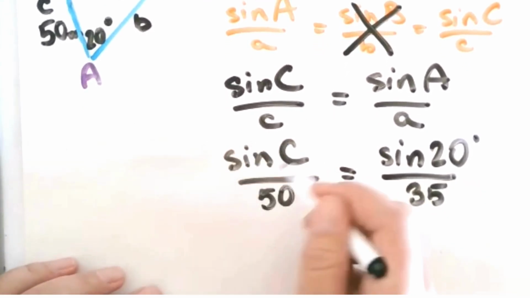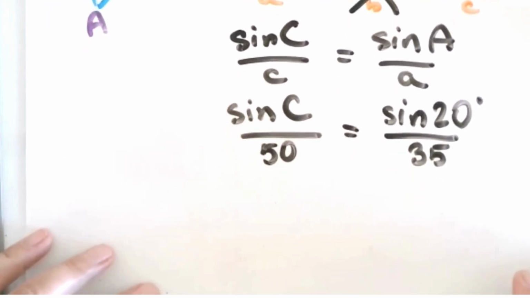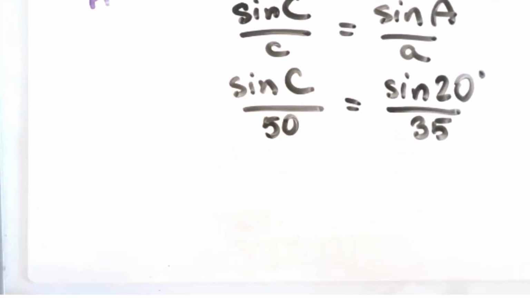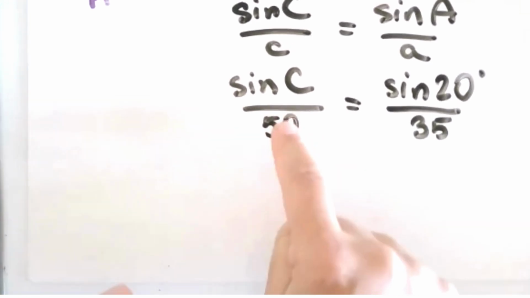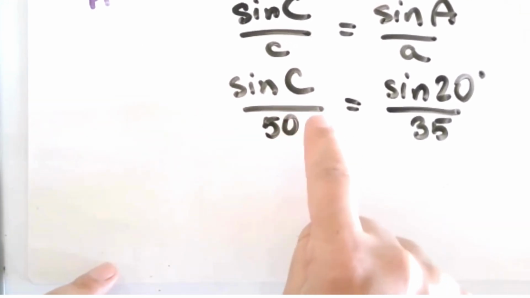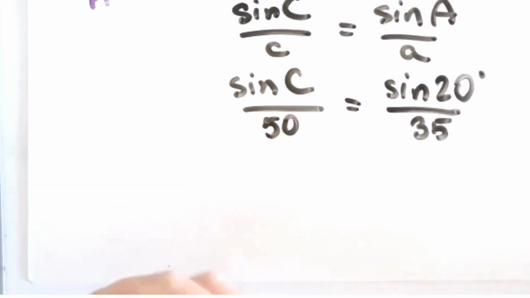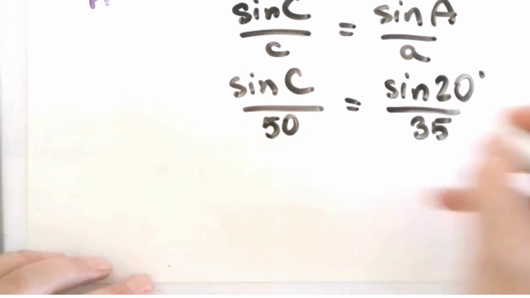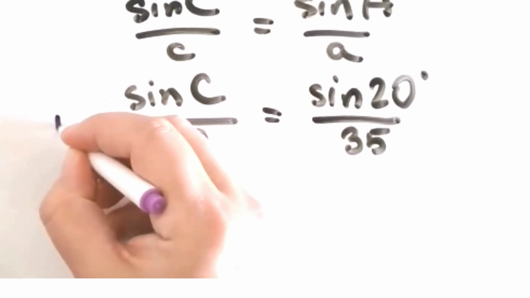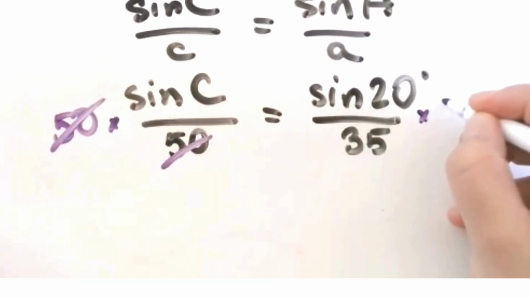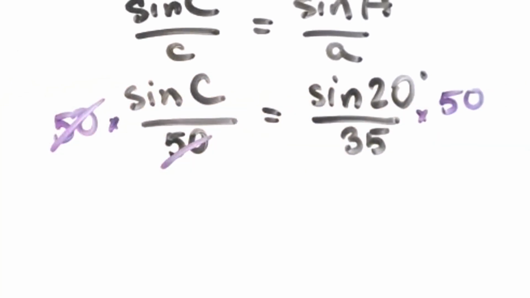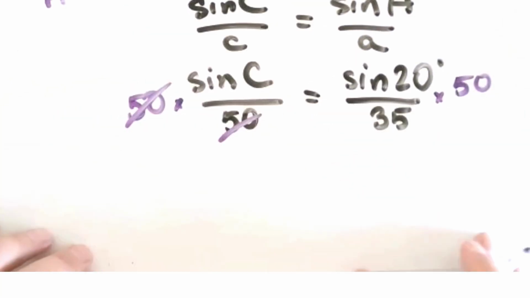Now I need to isolate sine C, and that's easy because it's already in the numerator. All I need to do is multiply both sides by what's in the denominator, and that is 50. That's going to cross these out, and take this times 50. Now it's isolated.